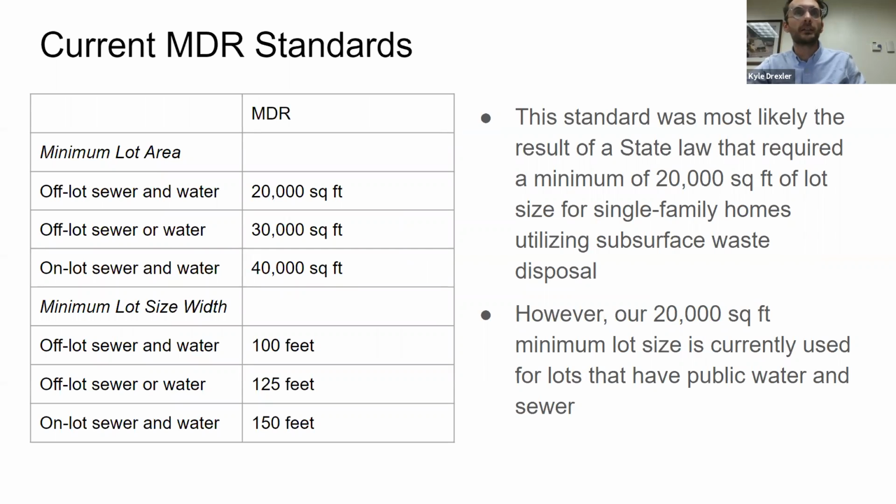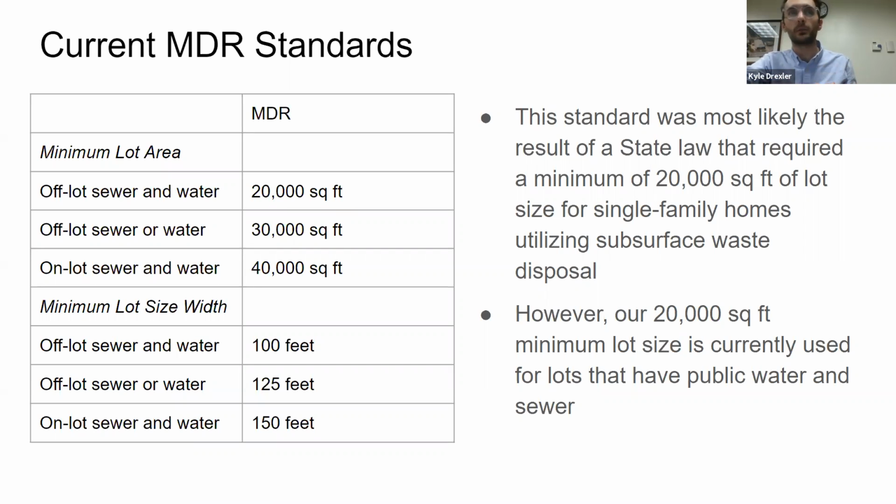So if we look at our current dimensional requirements in the MDR district, for minimum lot area, all our dimensional standards for zoning districts are broken down into 3 categories. You have those lots with off-lot sewer and water, which would be public utilities, where you're receiving town sewer and water. Off-lot sewer or water, so you're getting one from the town and one on your lot.